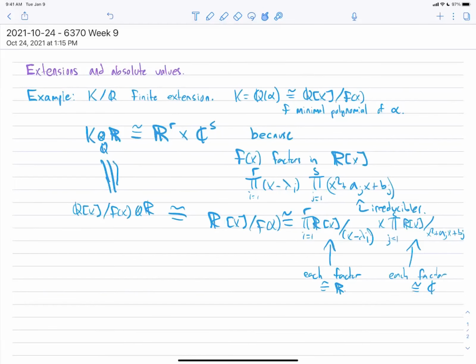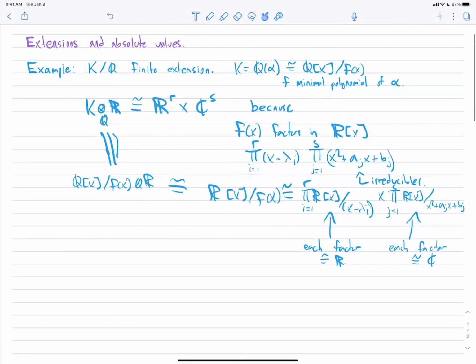Okay, and so what we can do now is, somehow this is useful because extensions of the real numbers are simpler than extensions of rational numbers. In fact, there's just two of them: the real numbers itself and then the complex numbers.